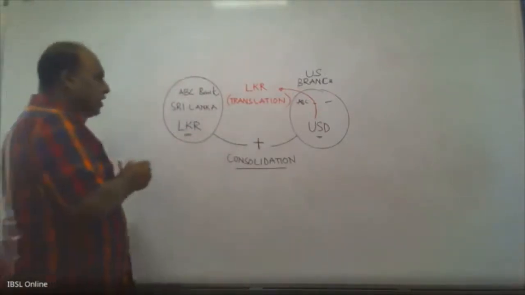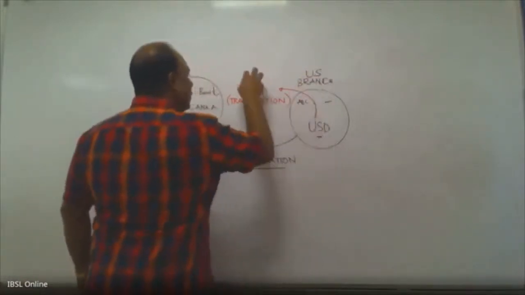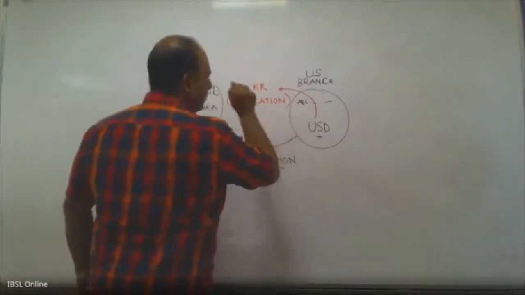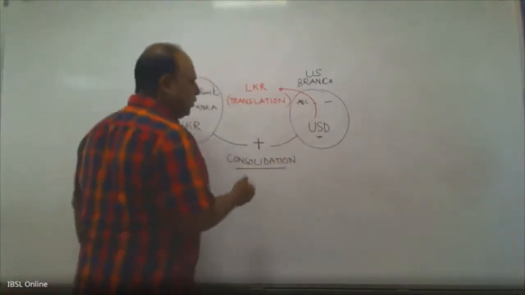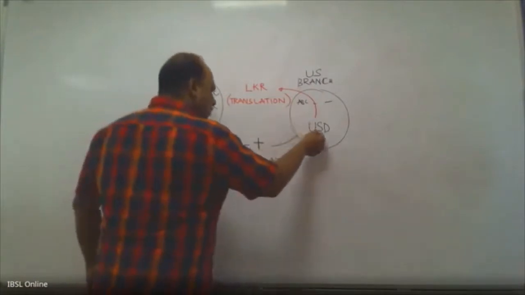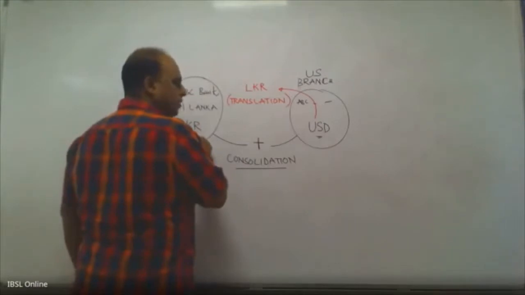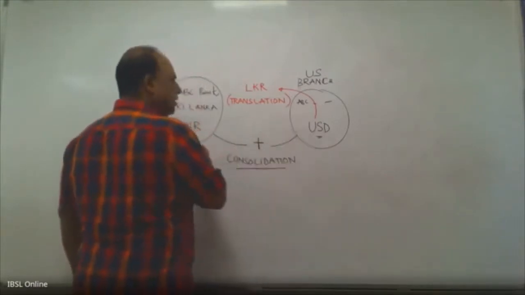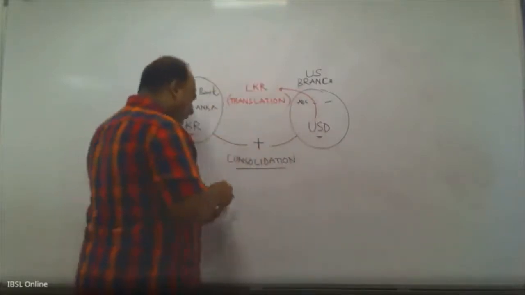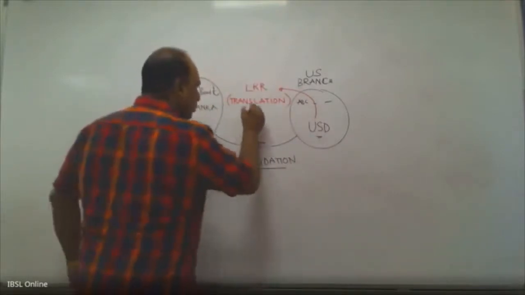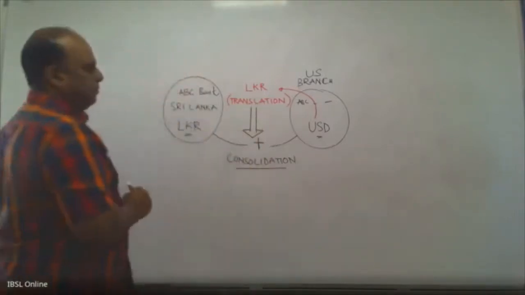So you are converting your P&L and the balance sheet of your US branch into rupees, which is known as translation. Now, when you use translation, what you have to do? You have to look at how much is $1 US converting into rupees. How much $1 US is in terms of rupees. So you convert everything into rupees, and now you can add with this.